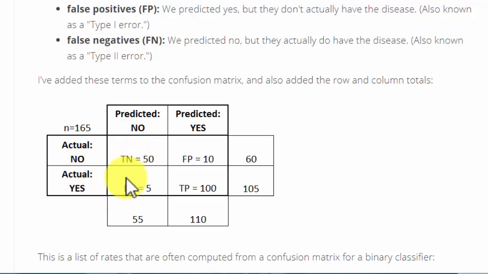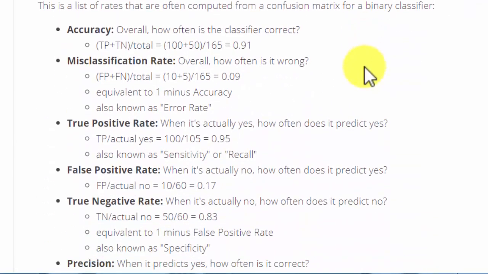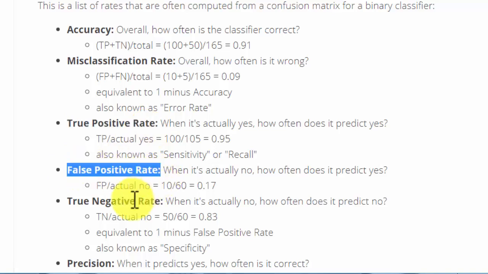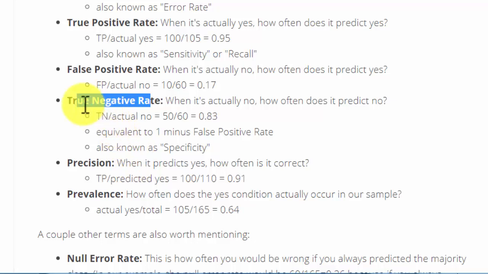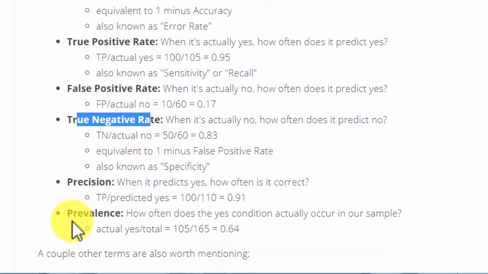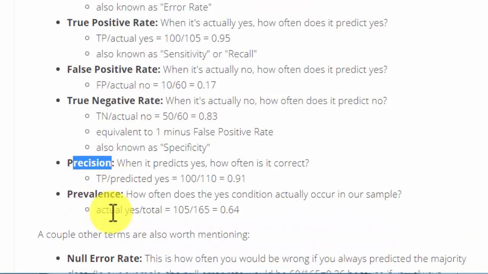And you can kind of do different ratios. So some of the most popular ratios are listed here. We talked about true positive, false positive, true negative, and false negative, which is somehow not listed here. But they have other ratios here, such as precision, which are popular.